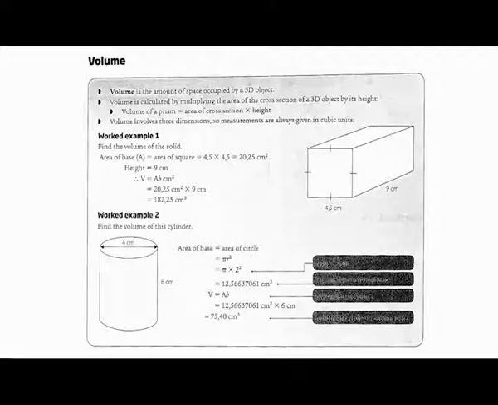And then the example for the cylinder, the area of the base is the area of a circle, pi radius squared. Then we have the area of the circle, and we multiply it by the height to find the volume of the cylinder.